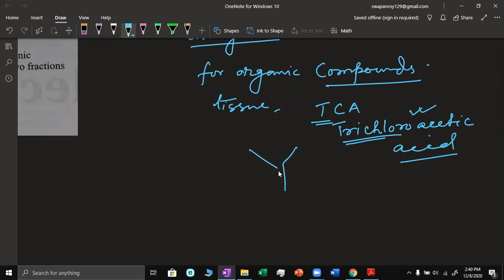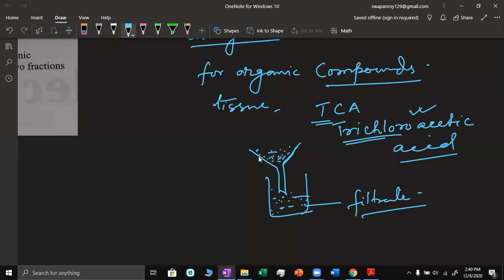When it is filtered, some of the components remain on the top, and the others come at the bottom, that is, in the filtrate. This one is the retentate, what is not passing through the filter.